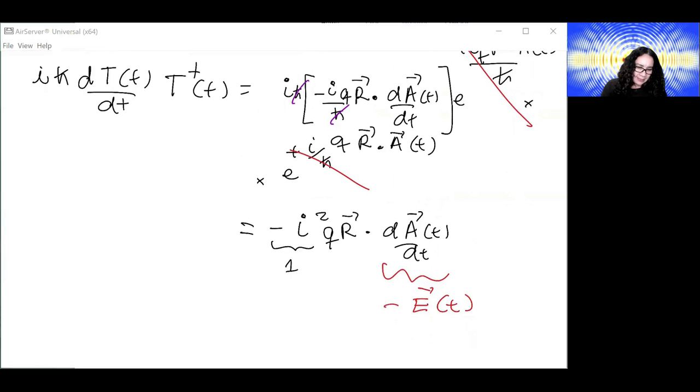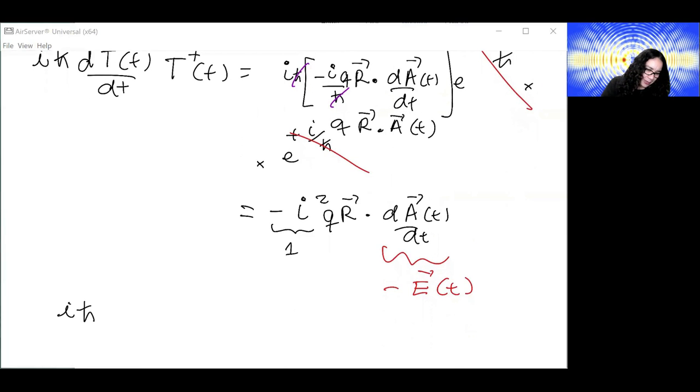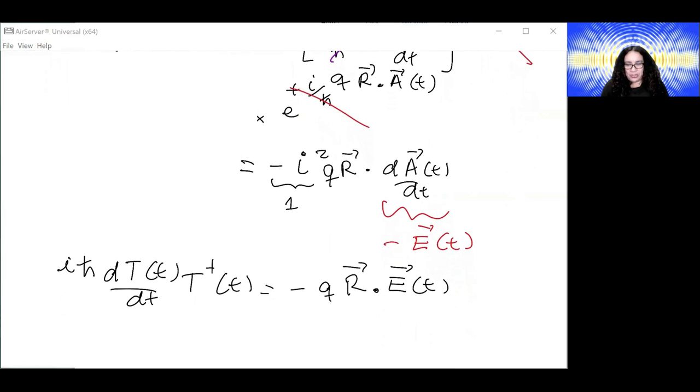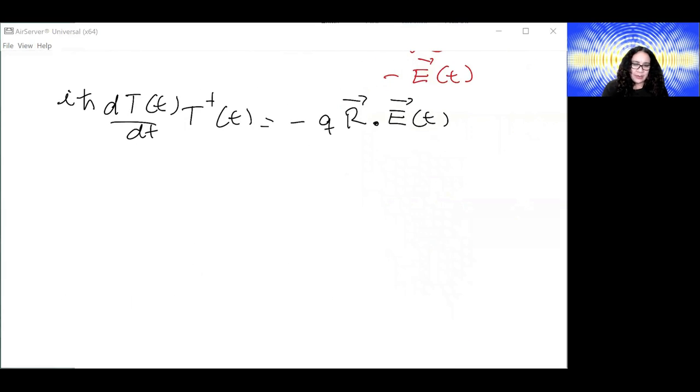So you find that I H bar dt of T dagger T is equal to minus Q R scalar product E(t). So to summarize, this is the expression for Hamiltonian 2.